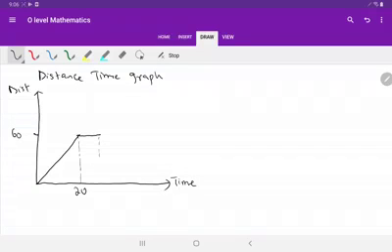It then rested for 10 seconds, which means that this will become 30, and then resumed the journey, covering a further 30 meters in the next 30 seconds. So this will be 60, this will be 90 meters.